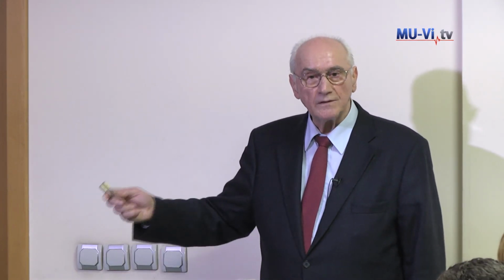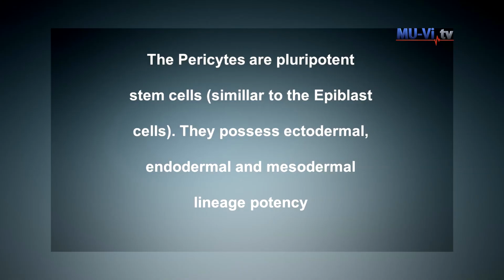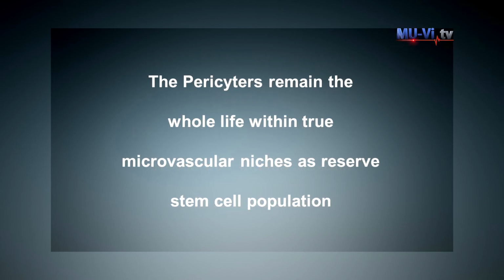They possess all three kinds of progeny, ectoderm, mesoderm, and endodermal structures. The pericytes remain during the whole life within the microvascular niches and are reserve cells for repair or regeneration of the tissues and the organs.